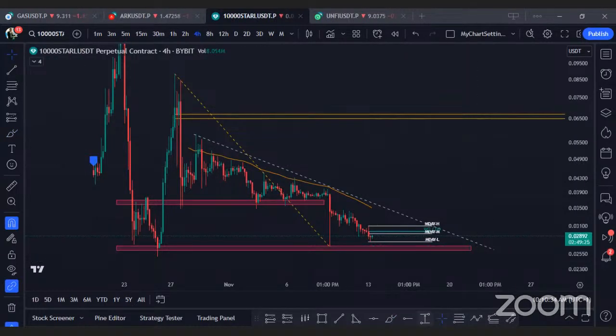I'll patiently wait for Starlink stuff, okay? I'm looking for a long for this token.